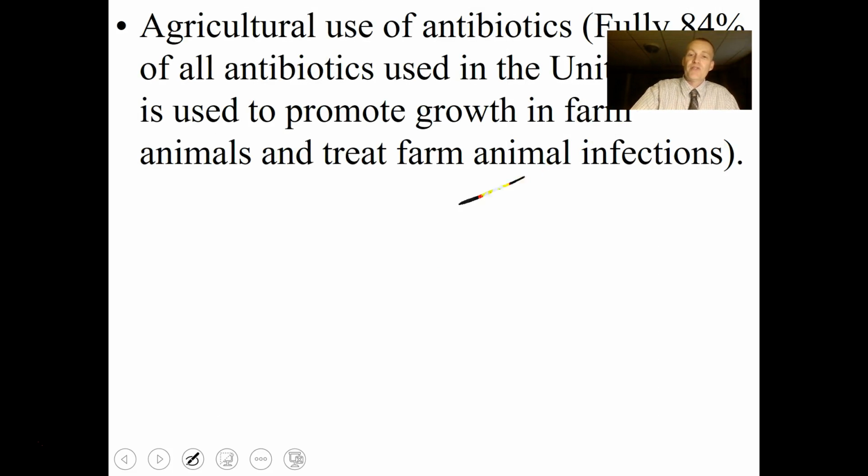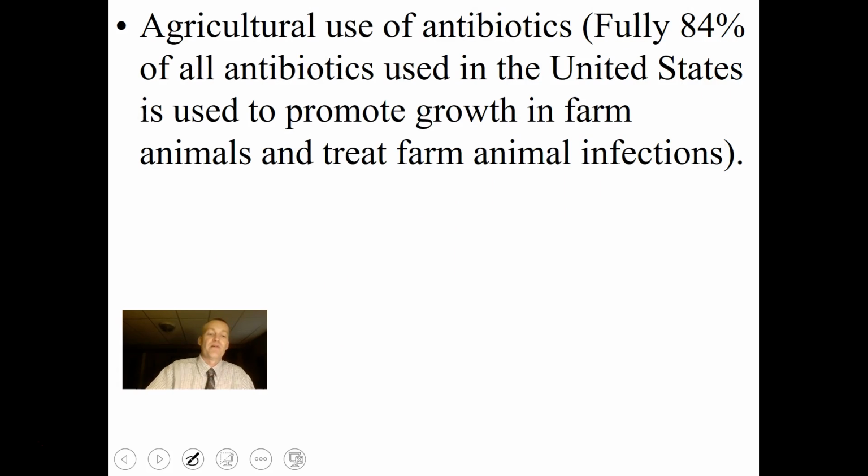Now, one place that you maybe never thought about antibiotics is agriculture. When we grow animals like chickens and cows, a lot of times we grow these in places where they're really tightly contained, industrial kinds of settings. And 84%, this is pretty staggering, 84% of all the antibiotics used in the United States are used to promote growth. That is, not to cure disease, but to promote growth in farm animals.